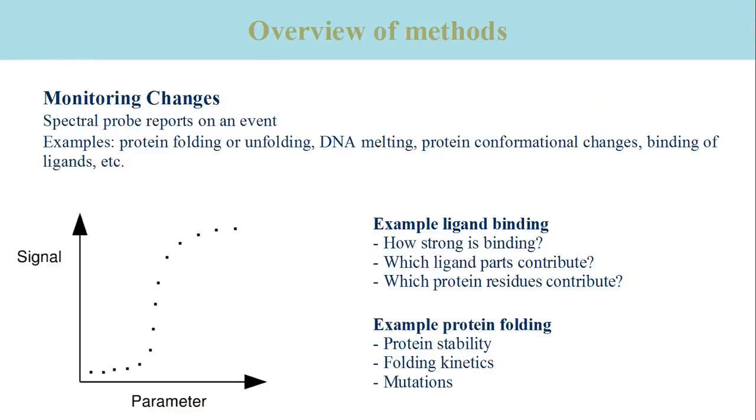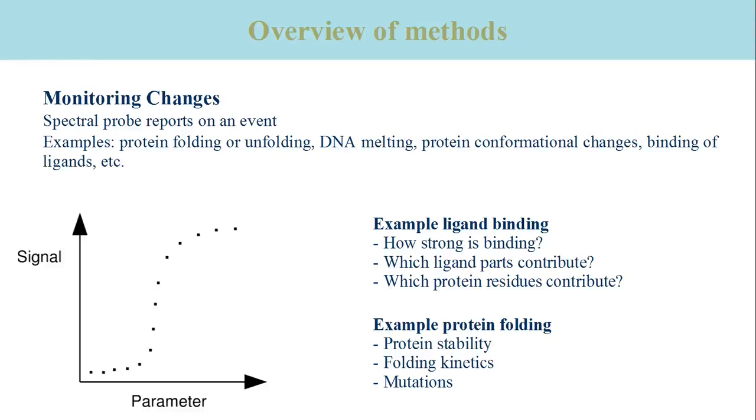Some methods give a lot of direct information on the biomolecule of interest. Examples are NMR and X-ray crystallography, which can reveal the 3D structure of biomolecules. Other methods are often used to monitor changes. The only requirement is a spectral probe that reports on an event like protein folding or unfolding, DNA melting, protein conformational changes, binding of ligands, and so on.